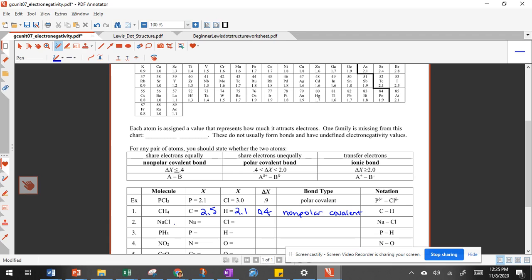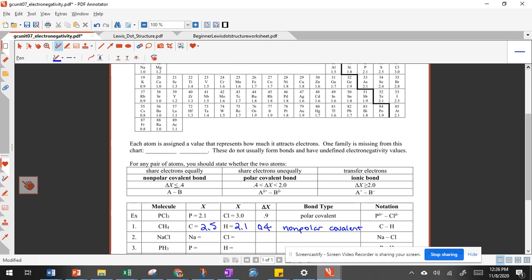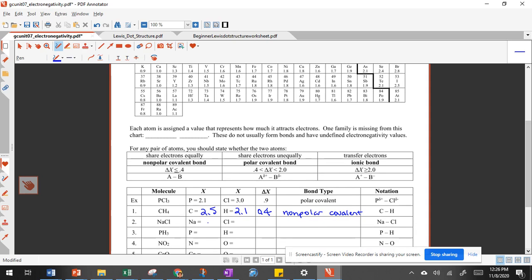Now, if we go to sodium chloride, we look at the top here, we see that sodium has an electronegativity value of 1.0. Chlorine has an electronegativity value of 3.0. So we have 1.0, 3.0. The difference here is 2.0.